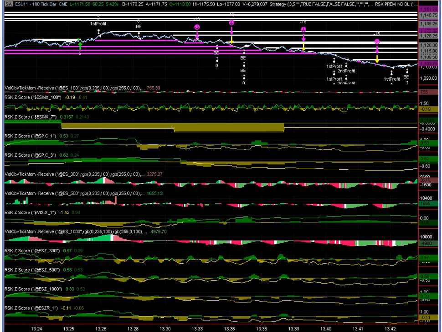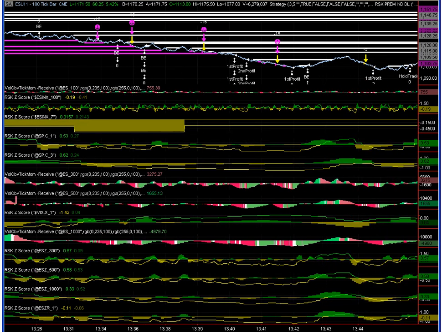I don't see that as being any kind of a support area, and it certainly is no place to be expecting support when it's taking place overnight. We've got to see that tested during the day. So we've got to address the needs of our clients now, so I'll leave you with that thought. Market's going to probably come back down, test out that 1077 level.